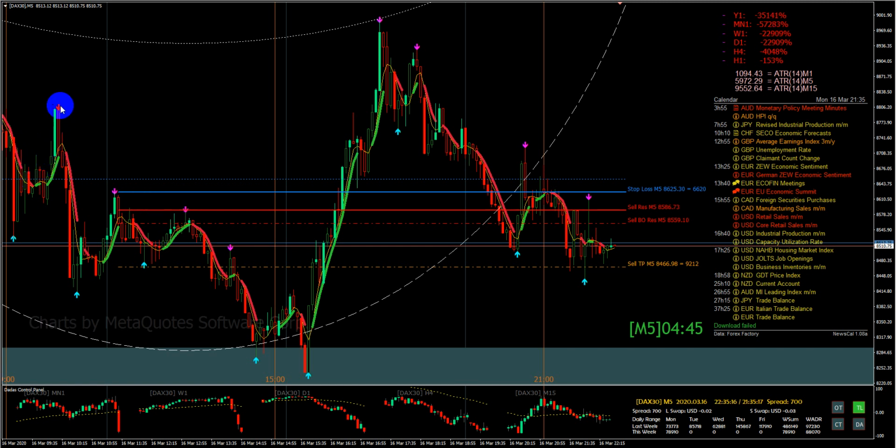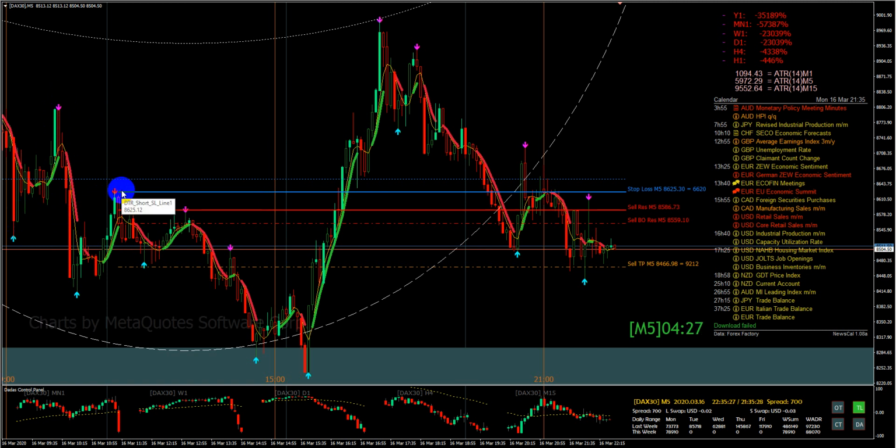The market was trying to go up, but it rejected the bullish trend, and it went down again. So it broke this potential supply level, and this level over here became, sorry, it became resistance. So this became a supply level right here.